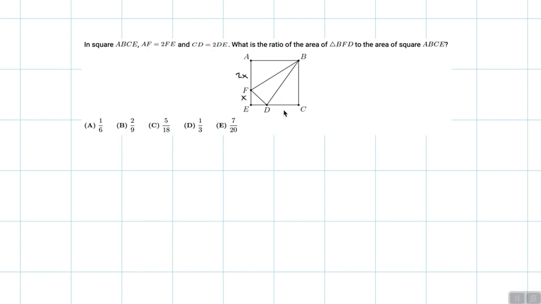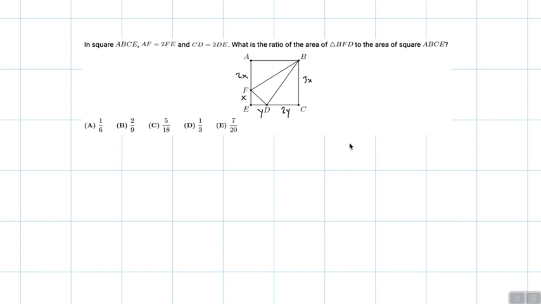CD is equal to 2DE. What is the ratio of the area of BFD? Well, we can figure this out. So this is 3x.